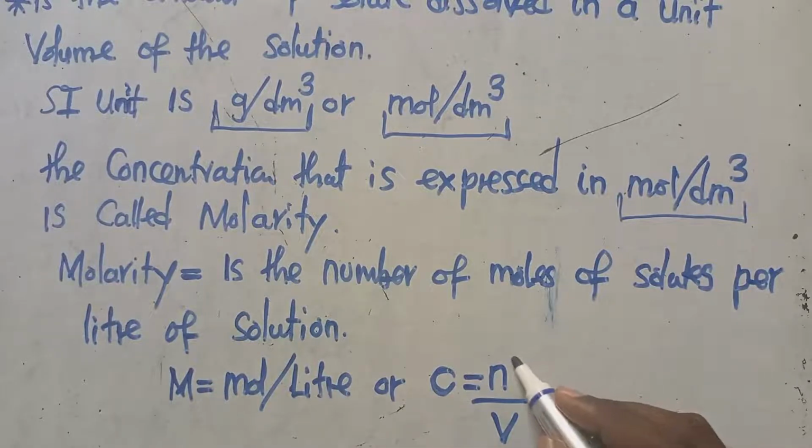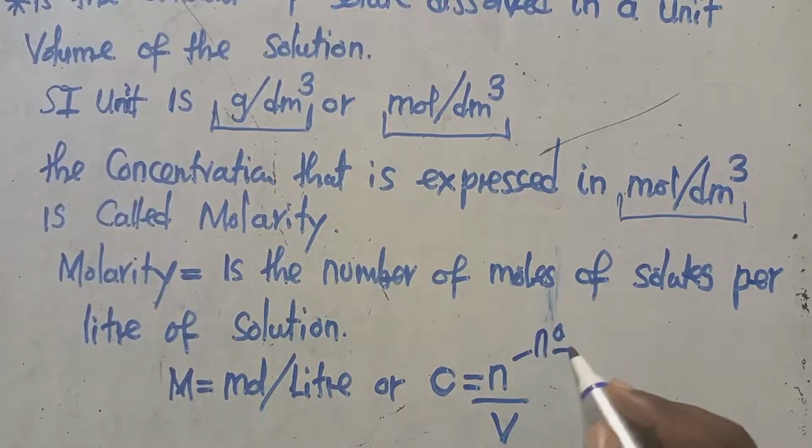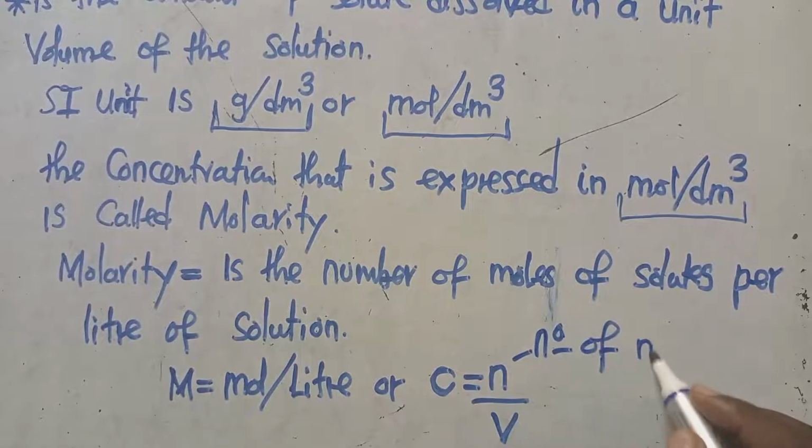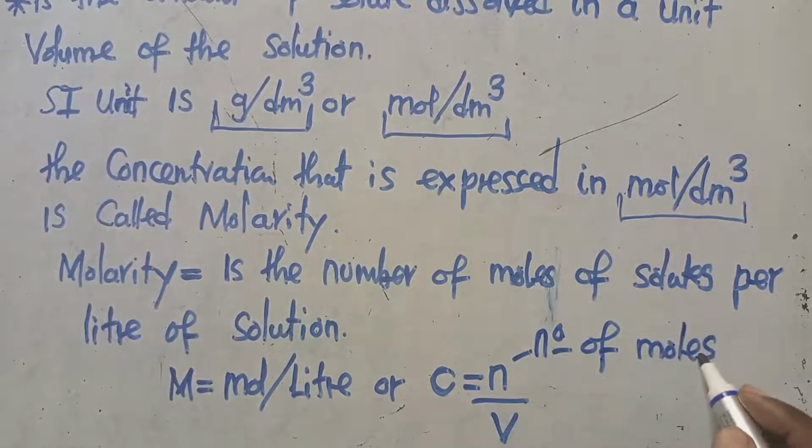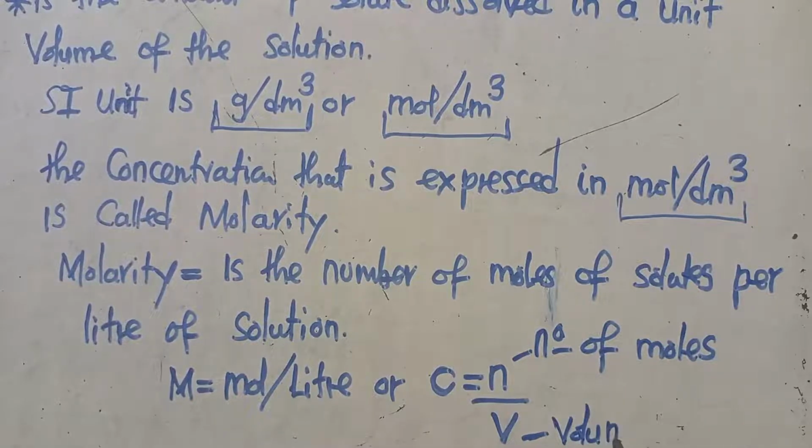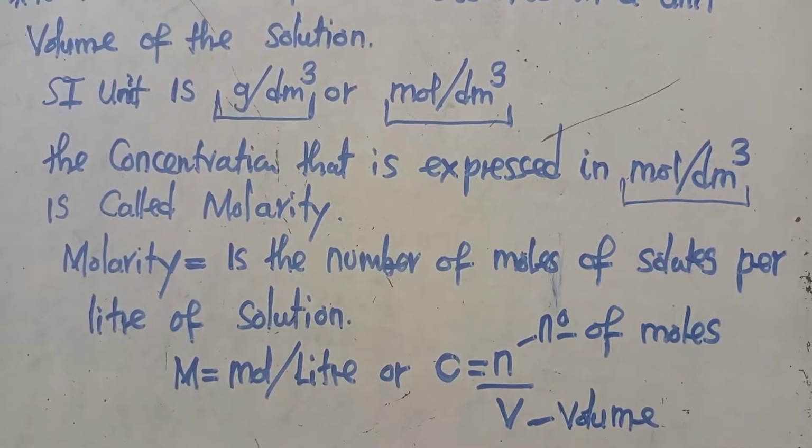The n there is the number of moles, and the V is the volume of the solution. These are cardinal things that you are supposed to understand.